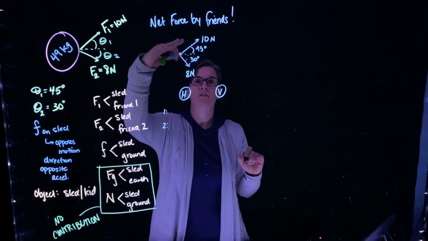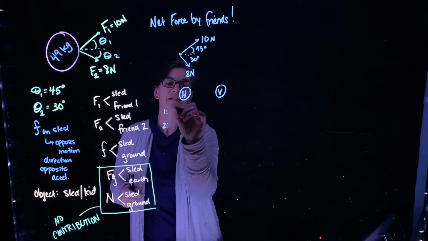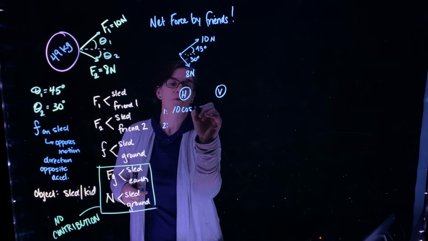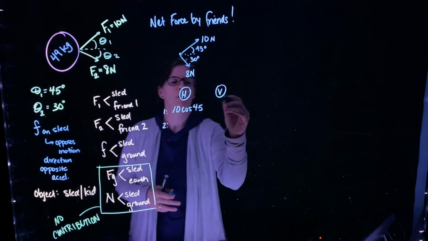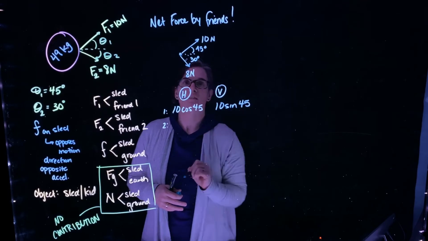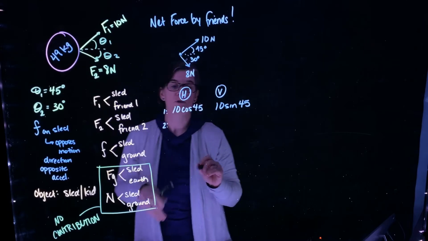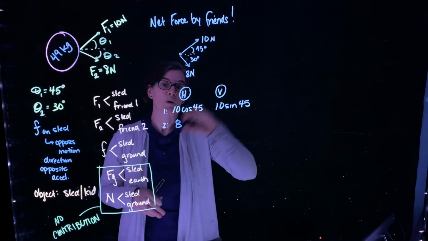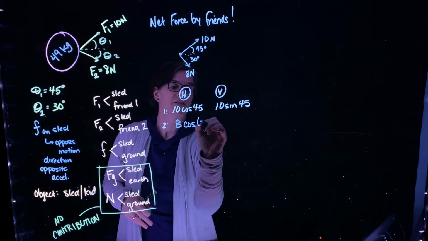Horizontally, vector 1 is up and to the right, so there is a horizontal component, 10 times the cosine of 45, and there's an up component, 10 times the sine of 45. Similarly, the second force, force number 2, is 8. There's a right and down component, 8 times the cosine of negative 30.